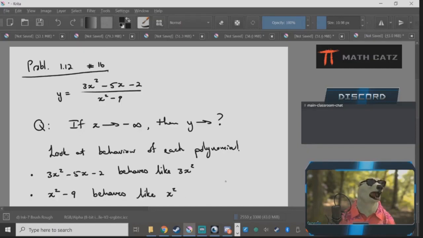And let me emphasize, I can only say that when I'm looking at the two extremes, x going to positive or negative infinity. Anything with x approaching a specific number is a whole different question for a whole different chapter. This is only long-term behavior.